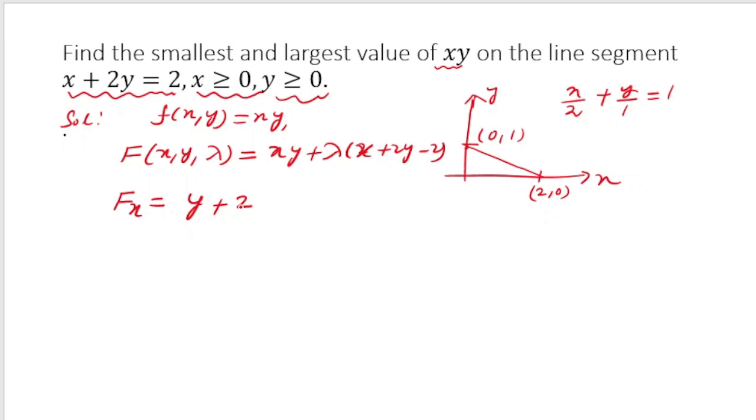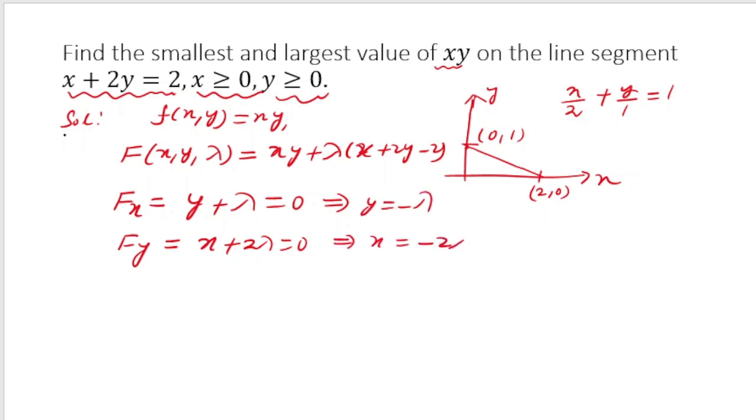If I differentiate it partially, I will get y plus lambda is equal to 0, and if I differentiate it partially with respect to y, I will get x plus 2 lambda is equal to 0. So from this I get y is equal to minus lambda, and from this I get x is equal to minus 2 lambda.